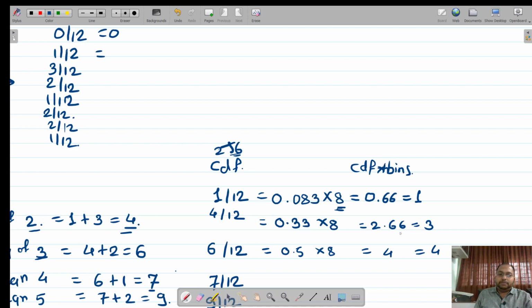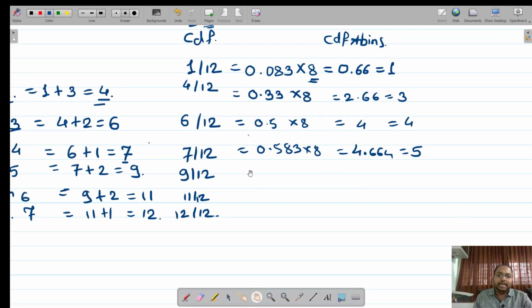Fine, so 7 by 12 will come as 0.583. Let us multiply 0.583 by 8. It is coming as 4.664, and the rounding off becomes 5.